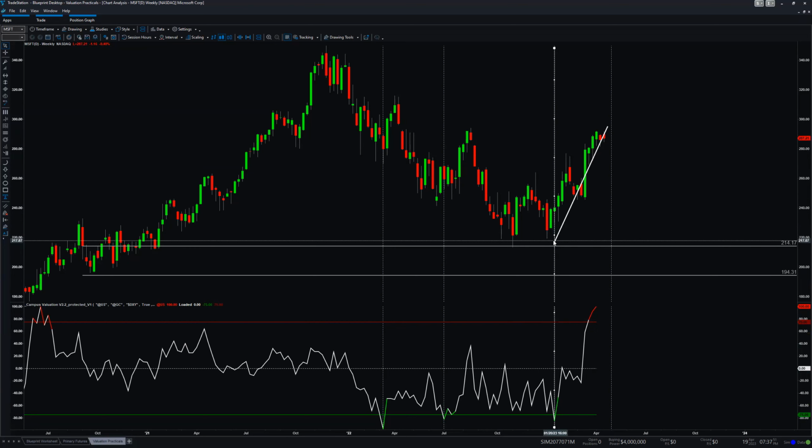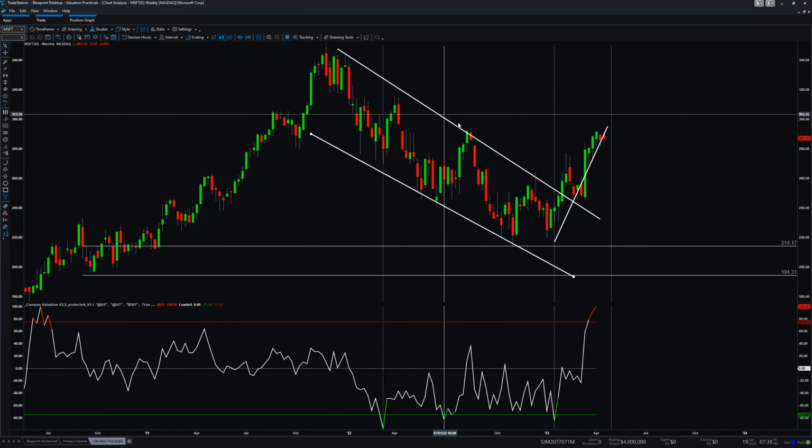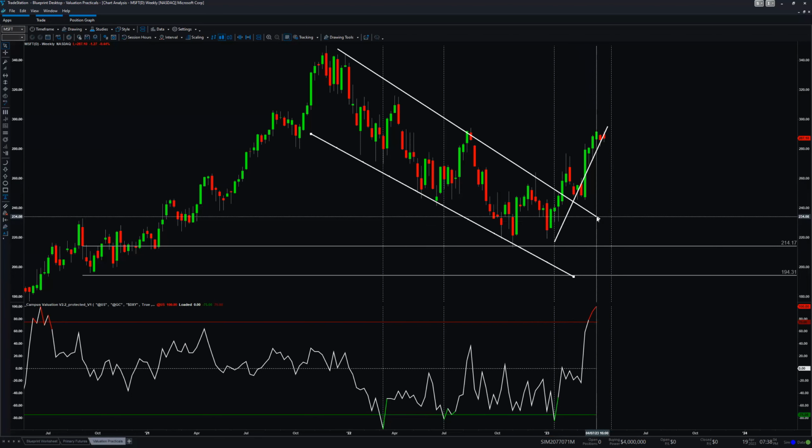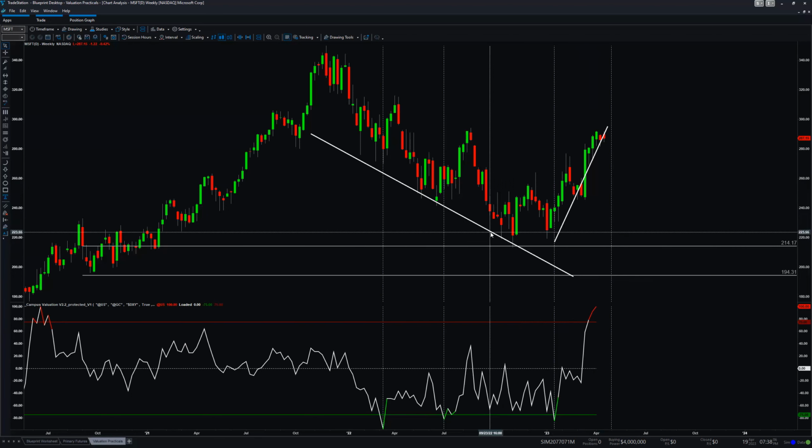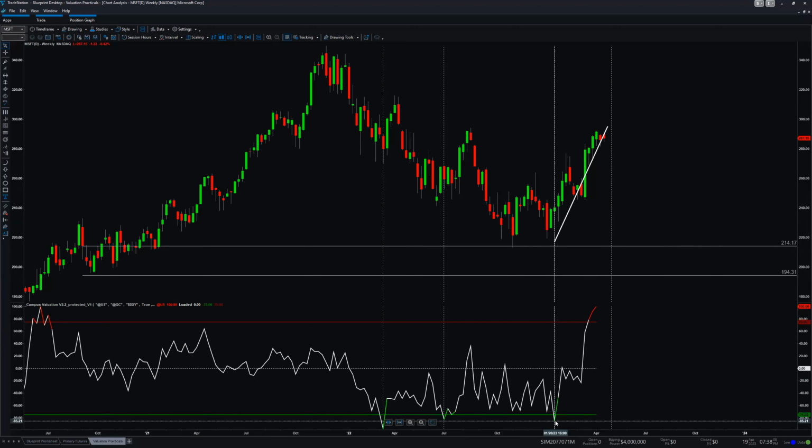So a good time to buy, even if you're going to ask, well, it's a downtrend, we're making lower highs. Yes, but we should still buy nonetheless, right? We should still buy nonetheless. So that is also something that's going to help us with that.